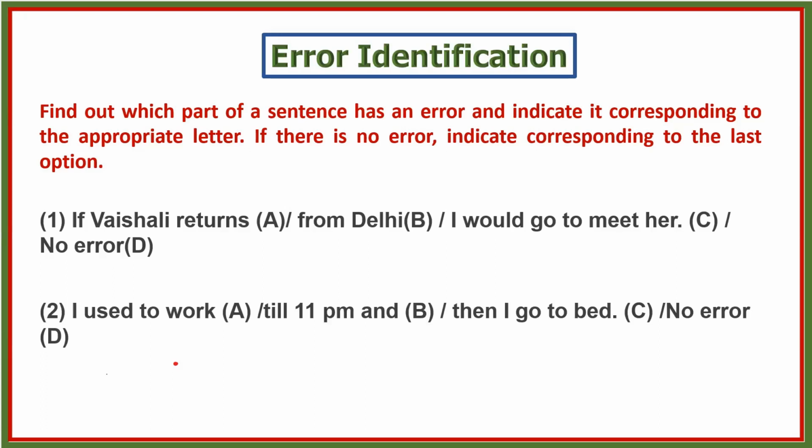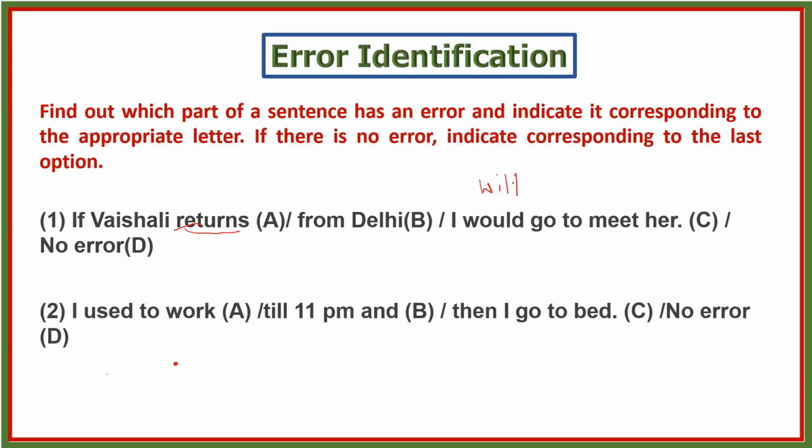Generally in an if condition, if in the first part there is a present form, then in the second part it will take only will, but not would. So here, the error is in part C. So the correct sentence should be, if Vaishali returns from Delhi, I will go to meet her.